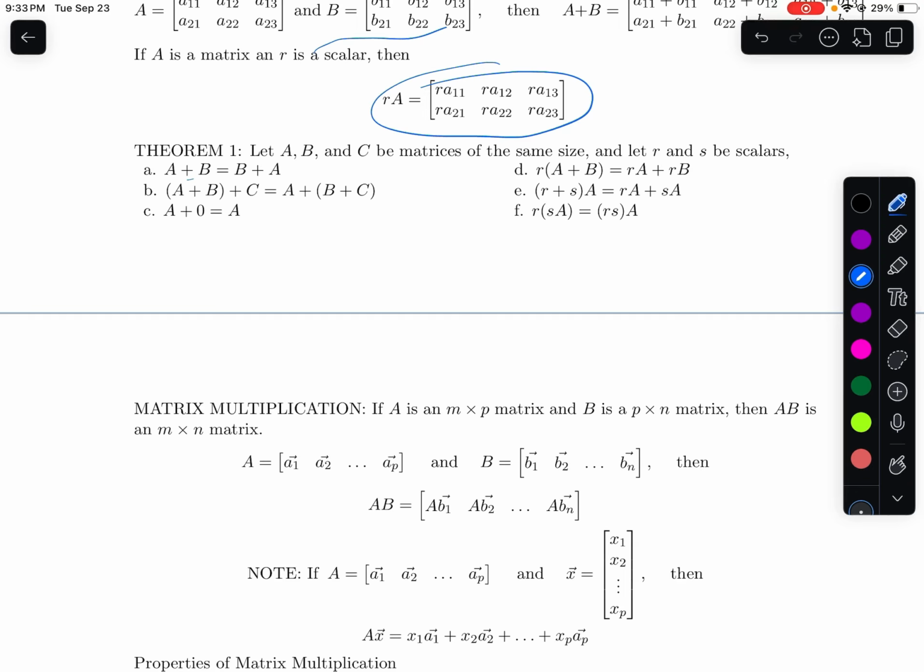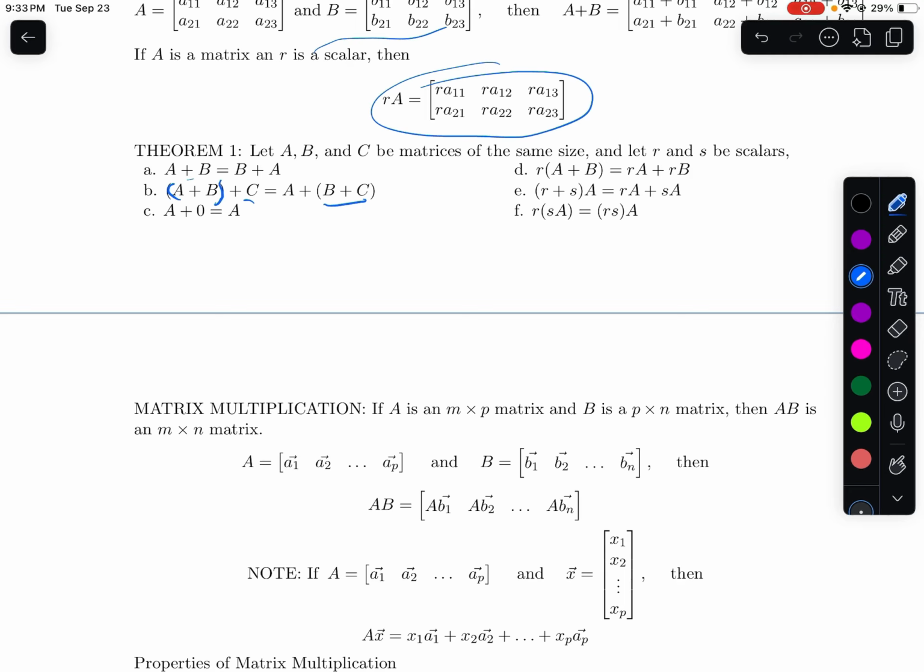A plus B equals B plus A means addition of matrices obeys the commutative law, or matrices are commutative under addition.